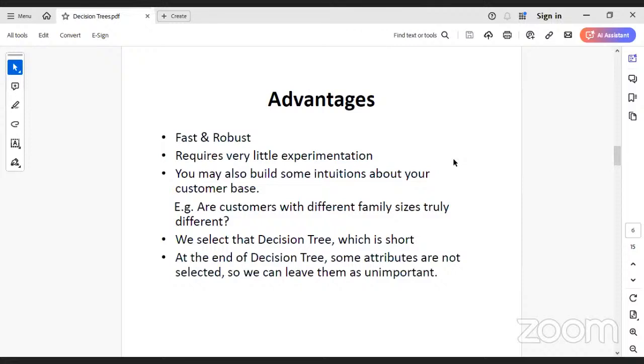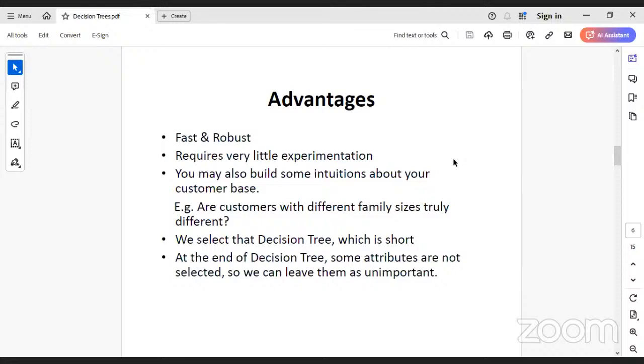Decision tree takes a decent amount of time, not too short, not too long, in learning and also predicting. That is the reason we call it fast and robust.